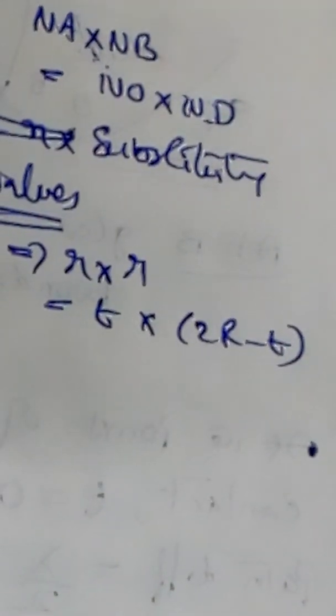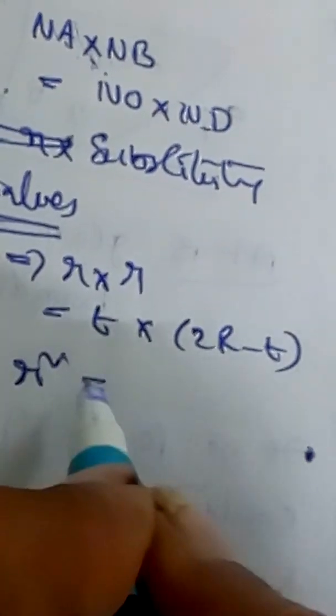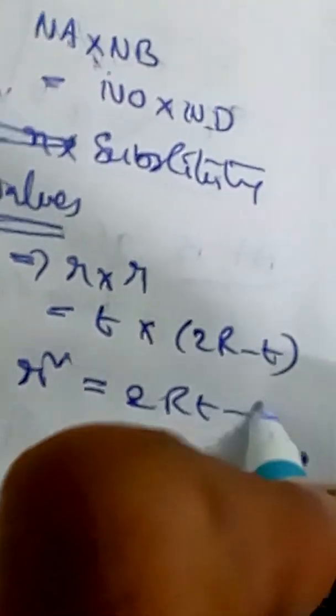That is the expression we have. Now expand: R square is equal to 2RT minus T square.